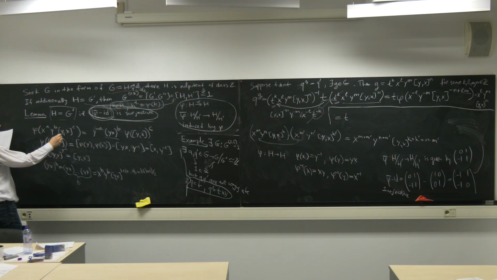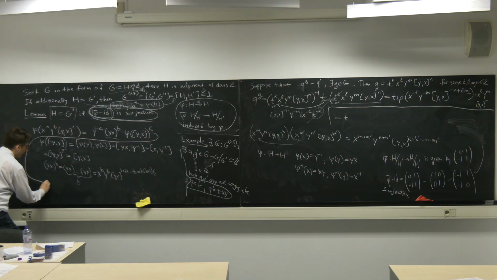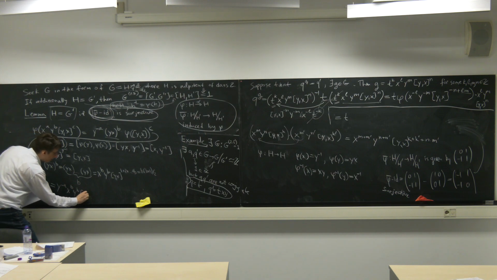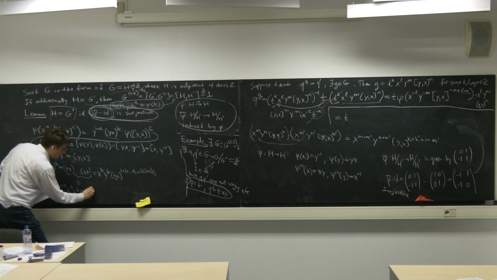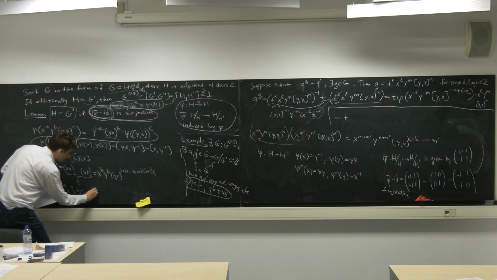So this thing equals y to minus a, okay, x to the power b, y to the power b, yx to the power b times b plus 1 over 2.